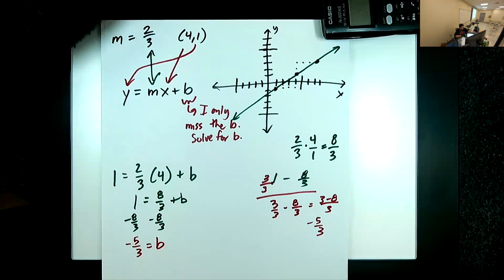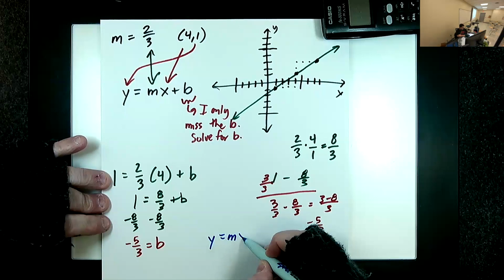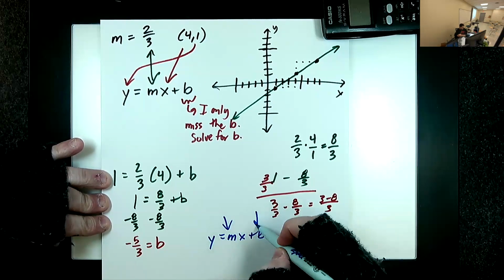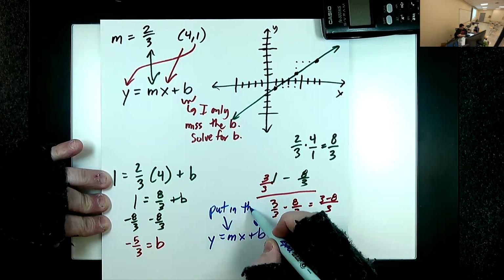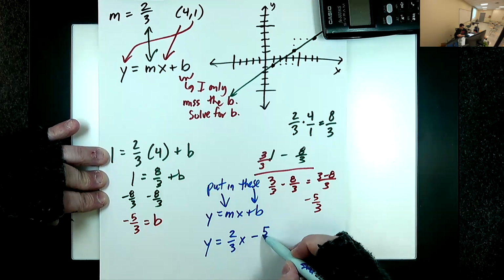Now if we want to write the equation, we have to put stuff back into y equals mx plus b, put in m and b. y equals 2/3 x minus 5/3.